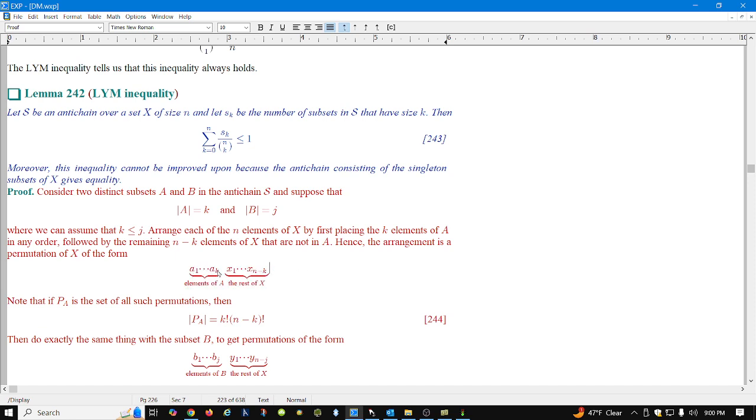Arrange the elements of A in any order you want, and then arrange the rest of the elements in any order you want.